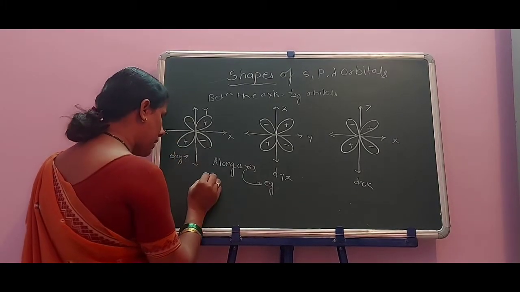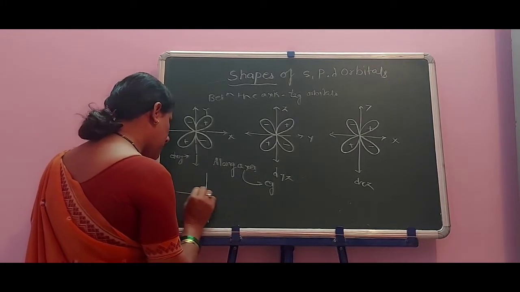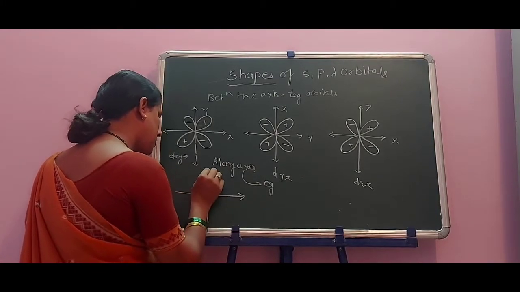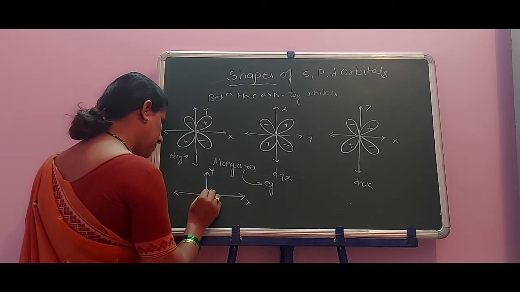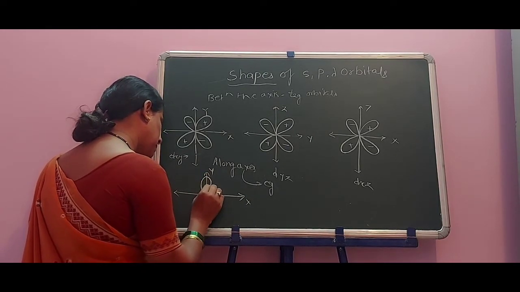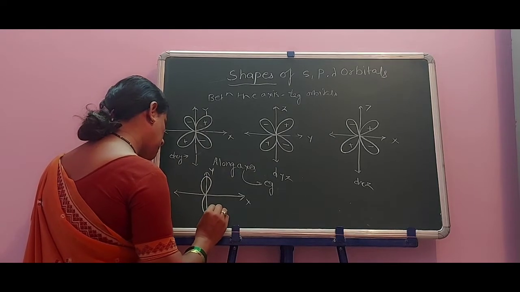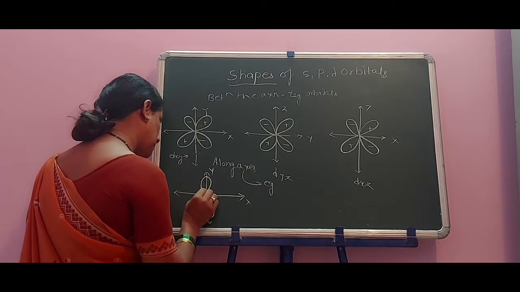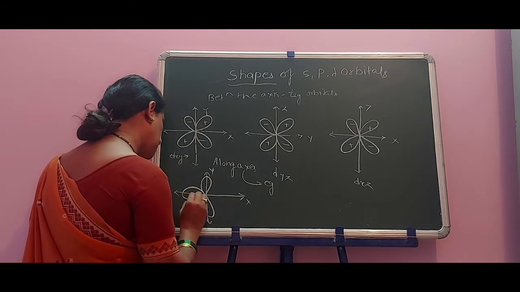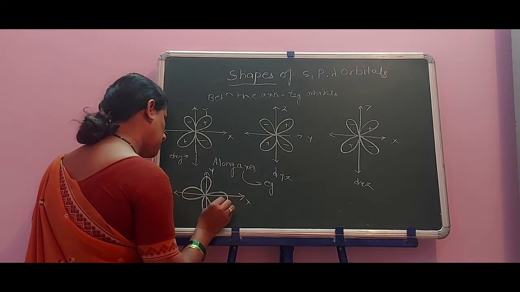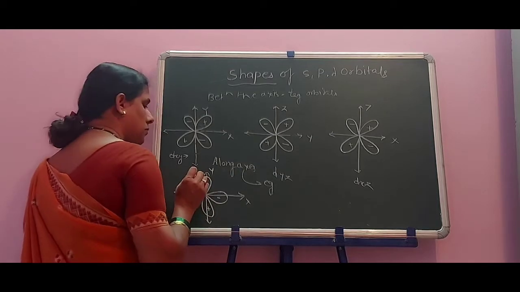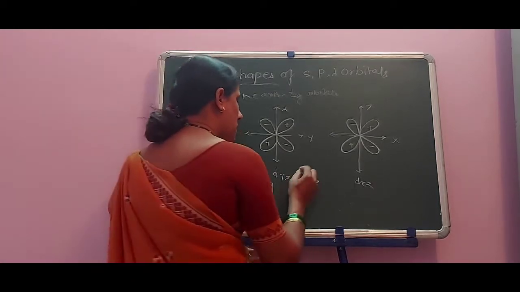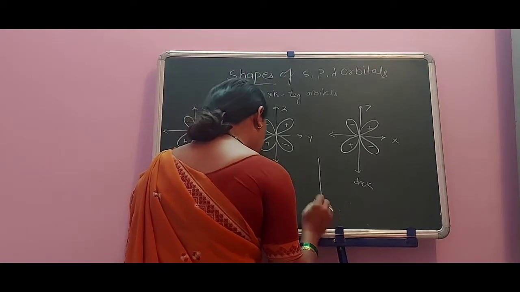I am writing here that along the axis, y, x, and the last one is about the z orbitals.